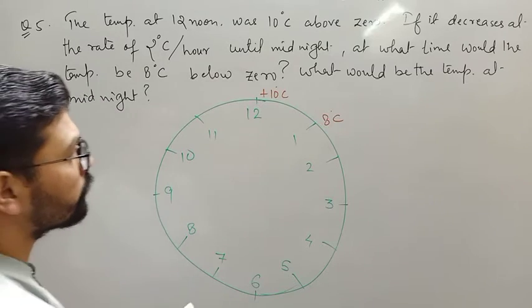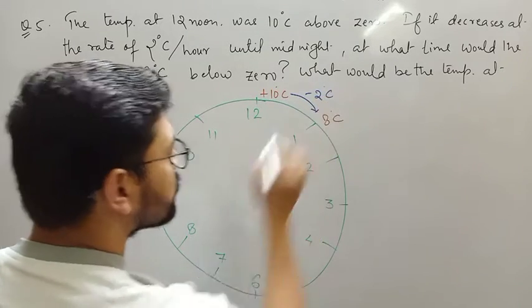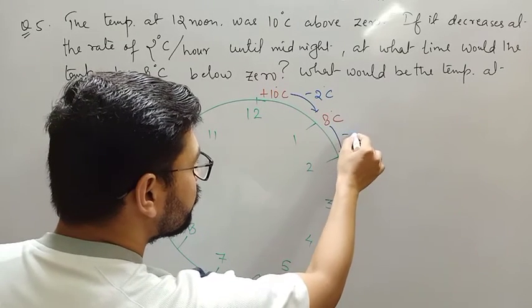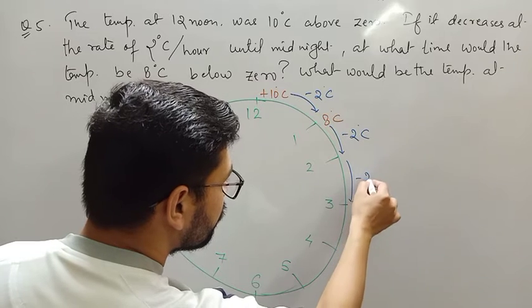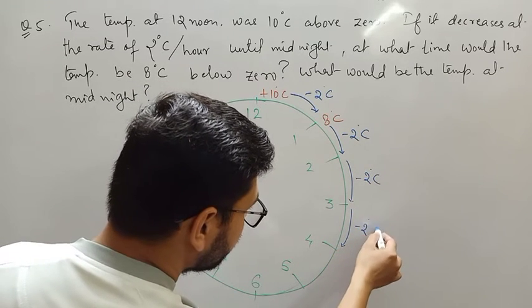So from this to this there is a drop of 2 degree Celsius, and similarly there will be a successive reduction of temperature by 2 degree Celsius.